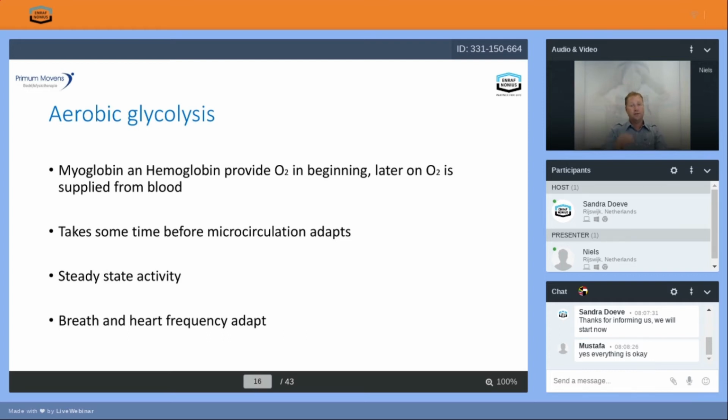So you should drop down to a lower activity level, and that's called a steady state activity. That's where the O2 system, the aerobic systems, are kicking in, because you can use them to endure your exercises. Your breath and your heart frequency will adapt as well, so there will be a sort of balance within the system.